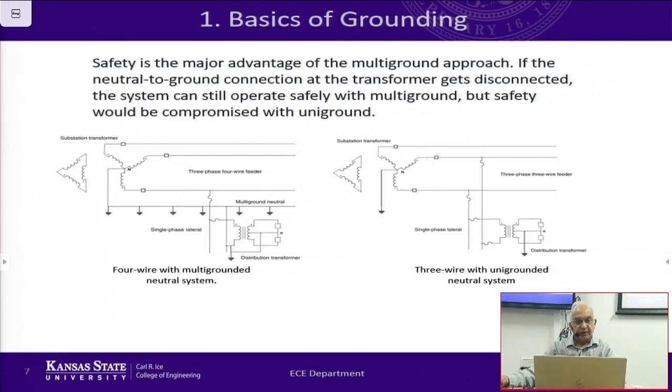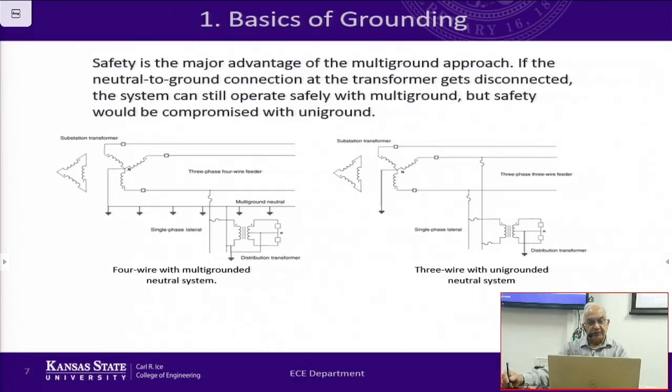This is the main feeder, and this tap from one of the phases is a single phase tap. There is no connection here, it's just wire. Neutral is separated from this wire, so don't get confused here.